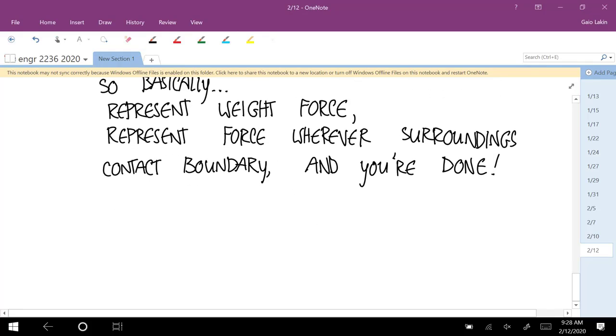Okay, so like if you have a problem where you're asked to calculate this thing where this is mud, and there's this pig stuck in the mud. And there's someone on the bank of the mud pit trying to pull the pig out with a rope.